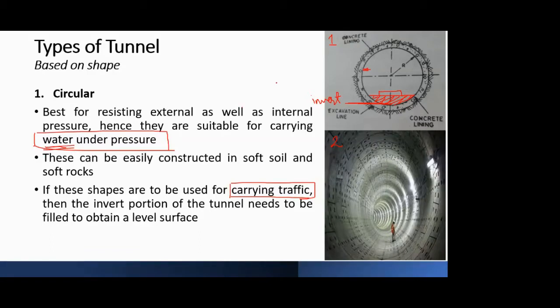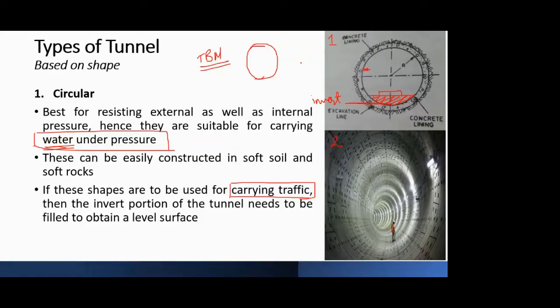carrying water, nowadays it is also used for carrying traffic because there is something called TBM, that is tunnel boring machine. We are going to see this in detail, but just to understand for now, the TBM is a huge machine which is capable of cutting the rock or excavating the soil. And generally this machine is of circular shape, so the cutting face is circular.